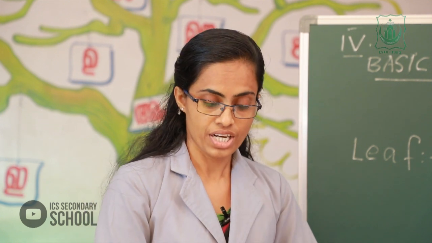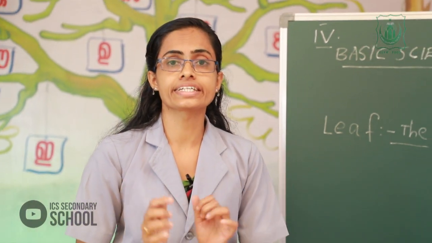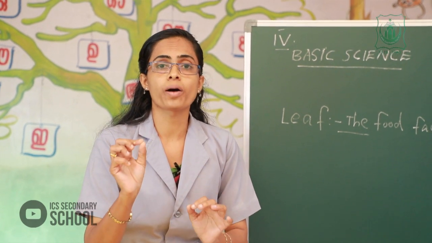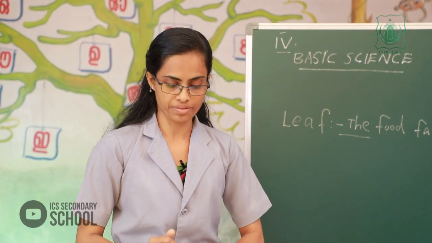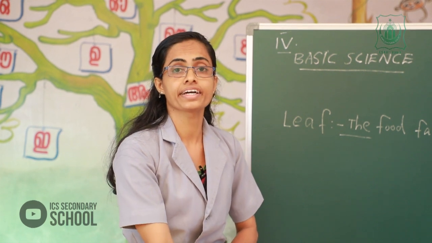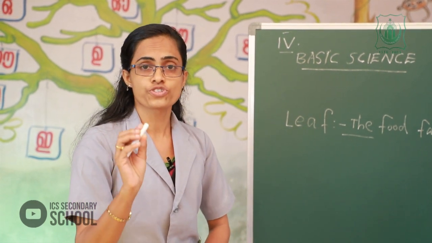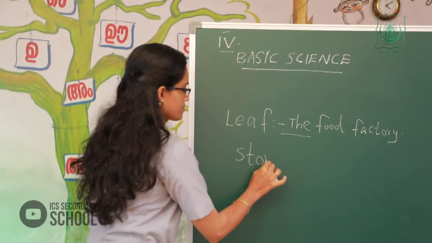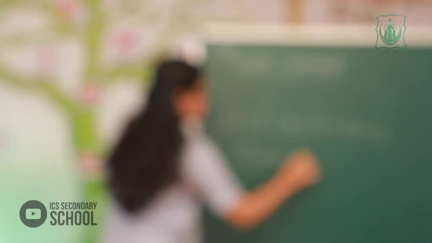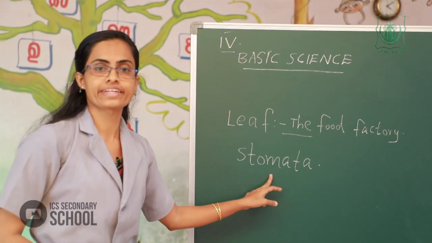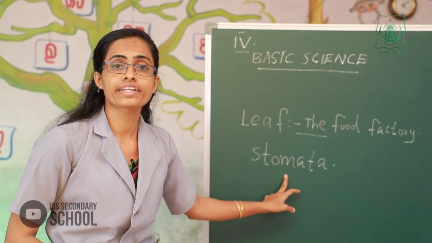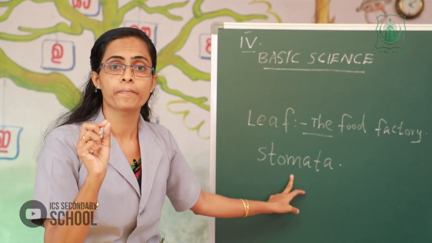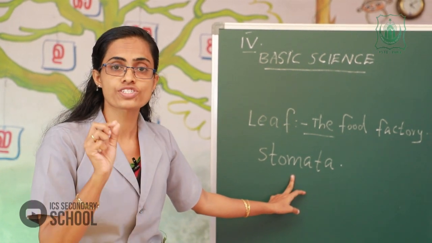Okay. Now, all of you studied this in 3rd standard. Leaves contain tiny openings called stomata. Stomata help the plants to breathe. What is stomata?